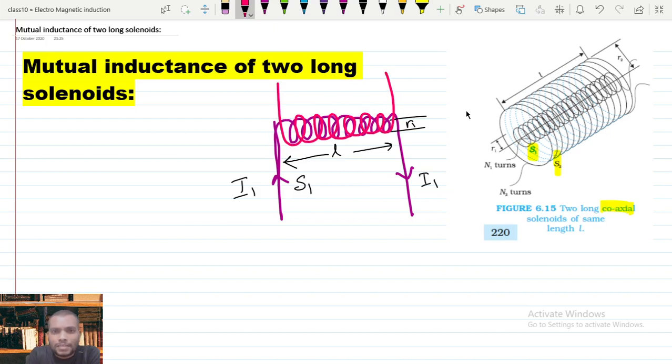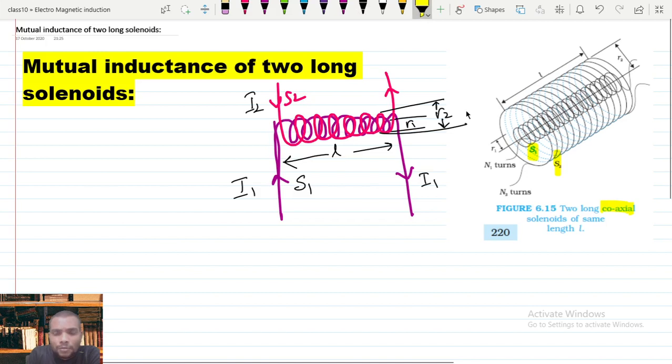This is solenoid S2, through which current I2 is passing. The radius of each ring we take as R2. So we need to note this terminology carefully.